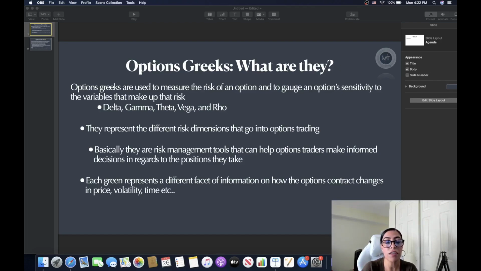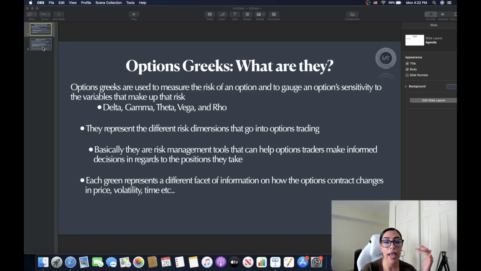There are a lot of different options trading strategies that you can implement using just the options Greeks. Once you really get the hang of what the Greeks are, how they're utilized, and how they affect your options contract, you can then use them to your advantage. That's why it's so important to understand what the Greeks represent, how they affect the contract, and how you can utilize them when you're trading options, okay?